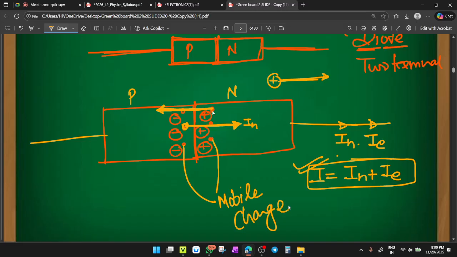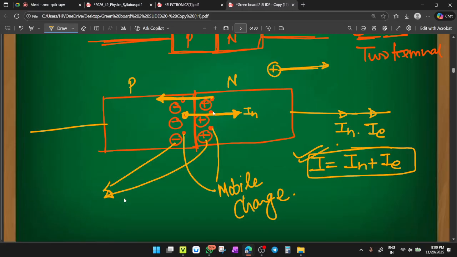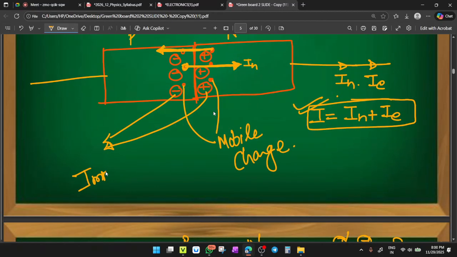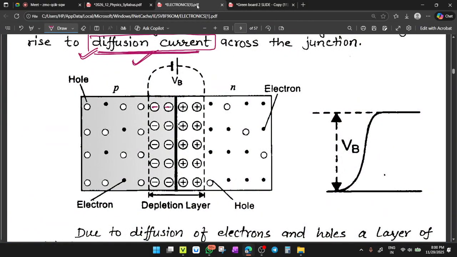But these positive and negative charges are stuck in the lattice, so they are called immobile charges. So these immobile charges create a layer. There are no free charges found, and this layer is free from free charges. So this layer is called the depletion layer. Clear? This layer is called depletion layer.